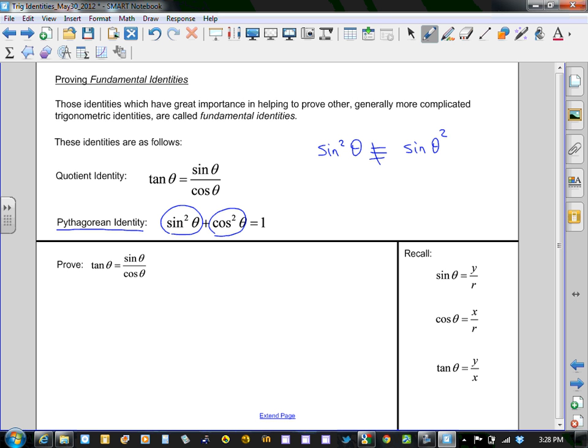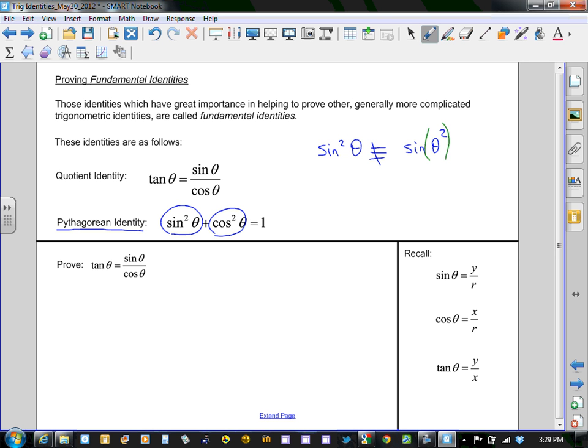I sometimes get the question, why is the square where it is? In the right-hand expression, having the square on the angle means that theta is squared first, and then you would take the sine of that particular answer.